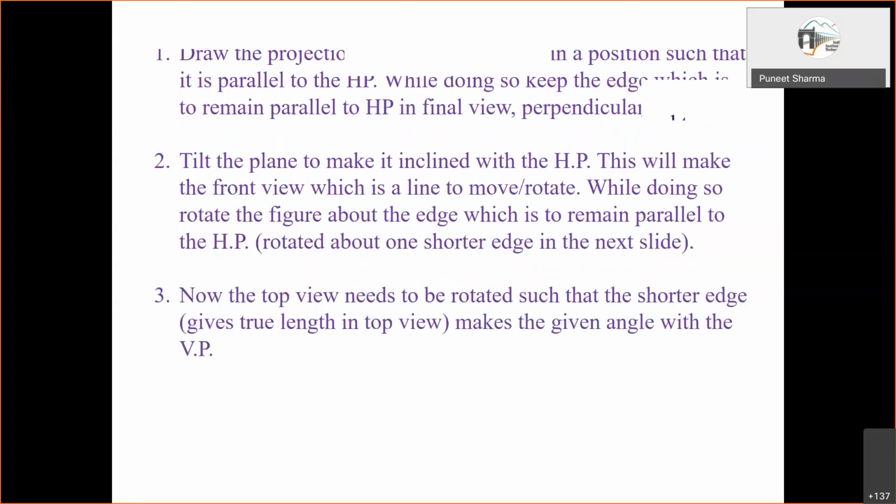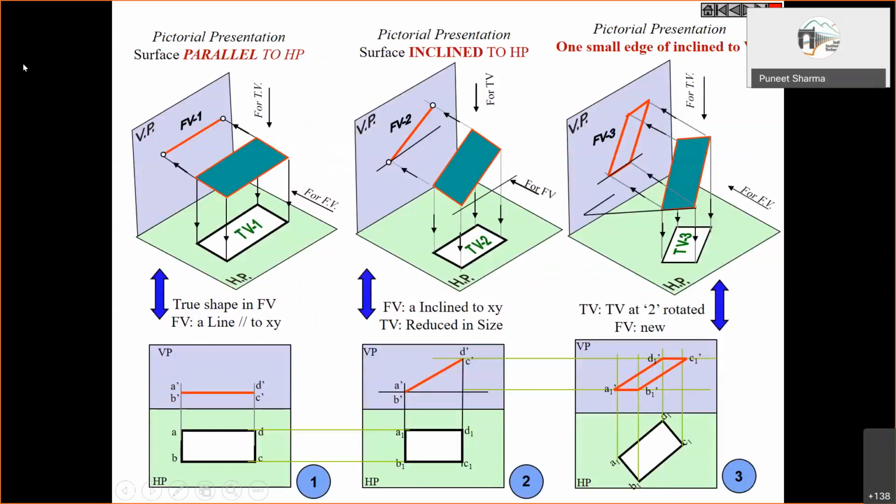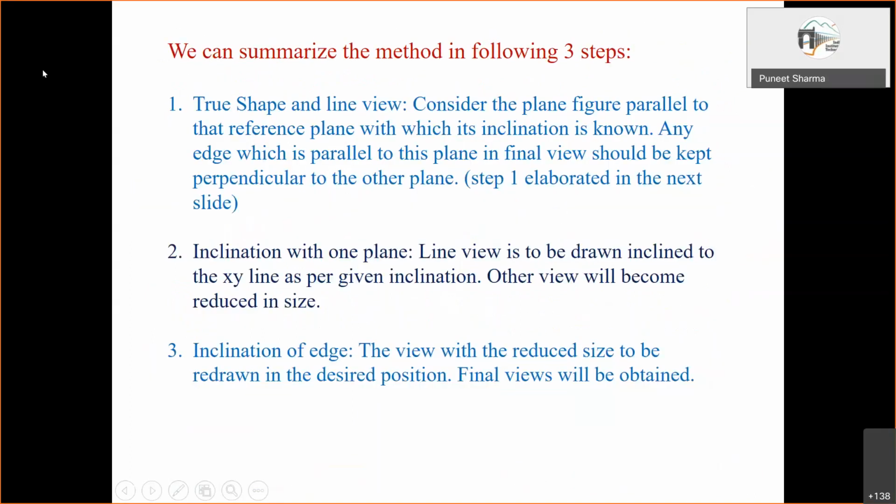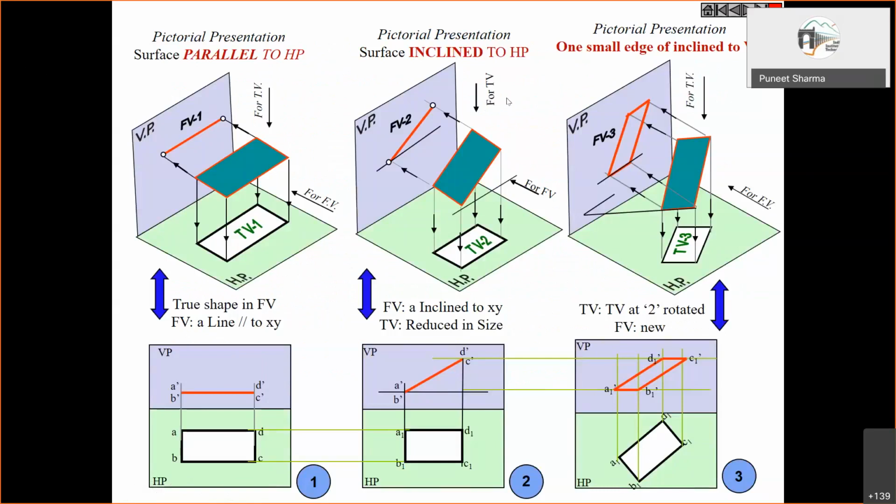This is what is explained. The three cases are shown over here. What we discussed in the last class yesterday was these first two only, and this has the third also.